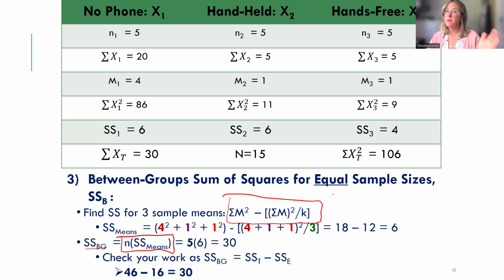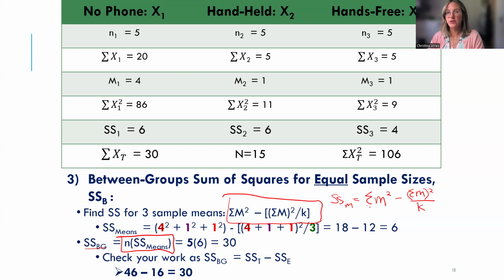We're going to just use the means as if they're raw scores and calculate the sums of squares. So I'm going to put here SSM equals the sum of the means squared minus the sum of the means total squared divided by K, K being the number of conditions.